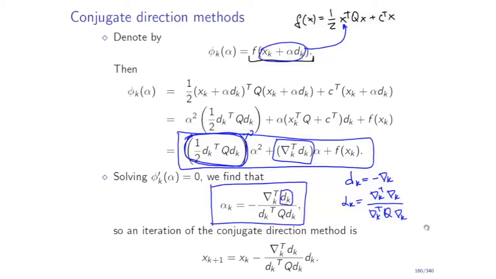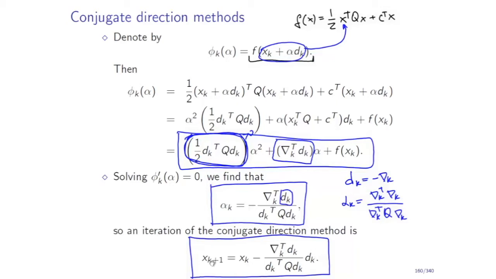Okay, but now for the conjugate direction method, we have this formula here for a step. So if we are at the point xk, the next direction that we will move along is dk, then our step is given by xk minus this expression for alpha k that we just derived multiplied by dk. This is the step that we will take.